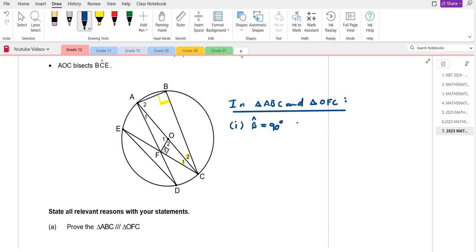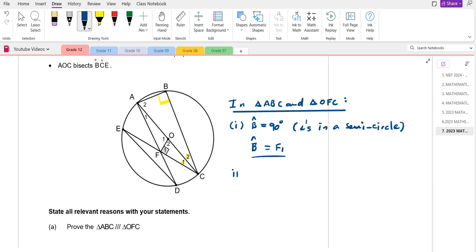That's because angles in a semicircle. Then we know that in OFC, angle F1 is equal to angle B. Angle B is equal to angle F1, right? So that's your first reason.